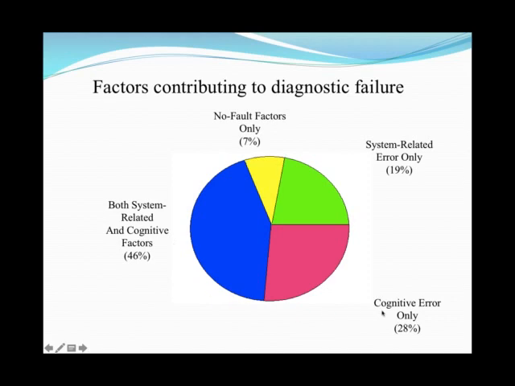And we can see here that system errors have a big part, and so yes, we need to focus on how we can make our hospitals and clinics run better and decrease our systematic errors. But cognitive errors are very important as well. I mean, this is 72%. A cognitive error was part of the problem.